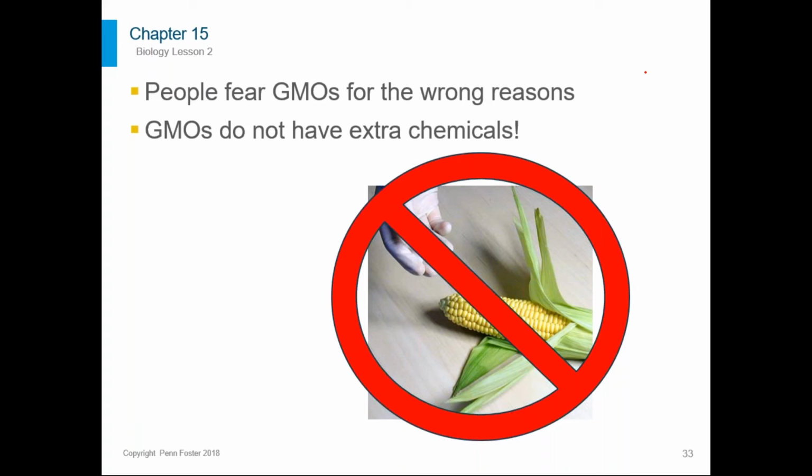There's nothing that's being added to the food. You're changing the genetics of the plant, and then the plant is growing normally. There's a few cases where it does something really weird, like maybe the Bt corn, but most of the time it's just a normal natural plant. We've just changed one thing about the genetics of the plant, and its cells are growing just the same way a normal natural plant cell would grow.